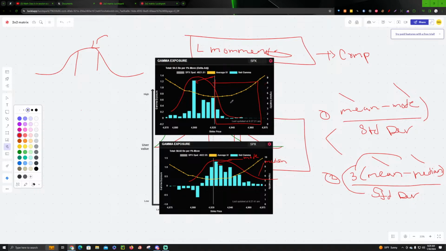But you can just stop here and decide that okay, well, the raw exposure, I think it's negatively skewed.